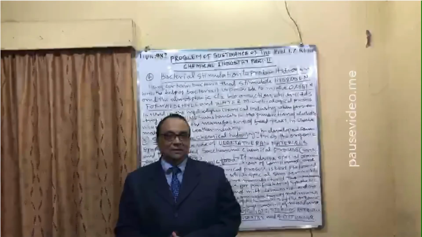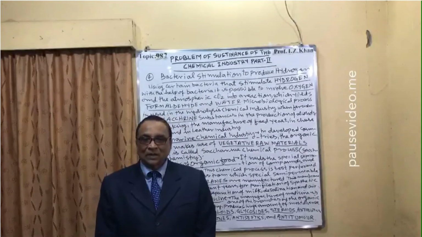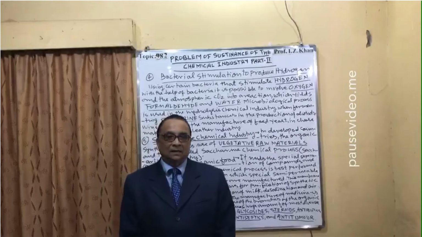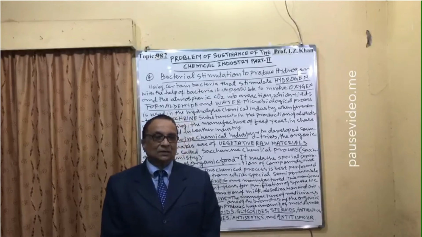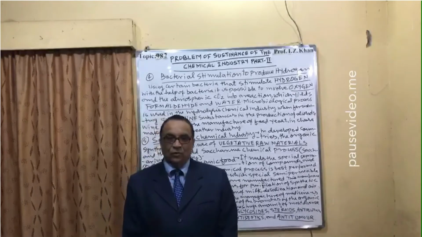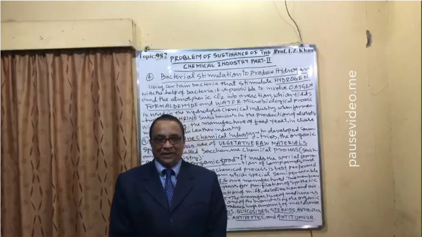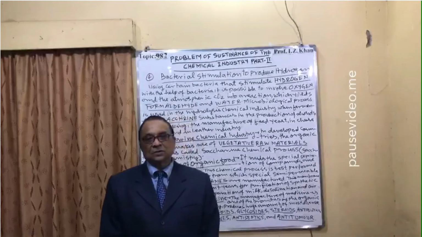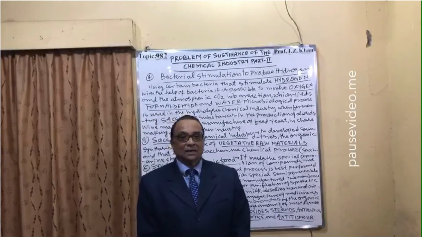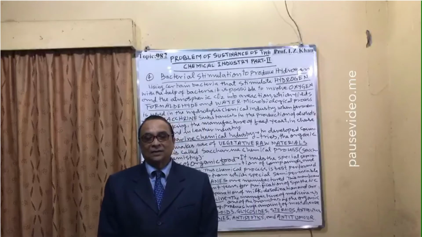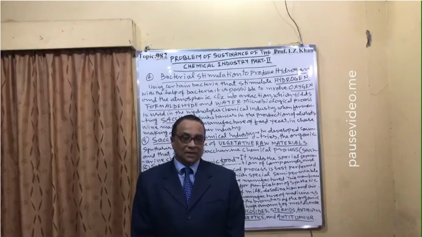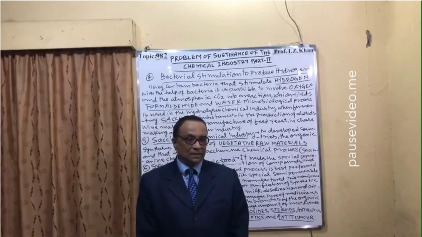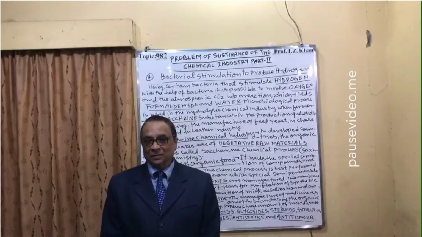So here I am going to discuss a lot of chemical industries which are involved in the chemical process of manufacture of organic food, and then extraction and purification of a lot of medicinal compounds from plant sources, and also some bacteriological activity to get the hydrogen and again combine it to produce formaldehyde and some other processes.